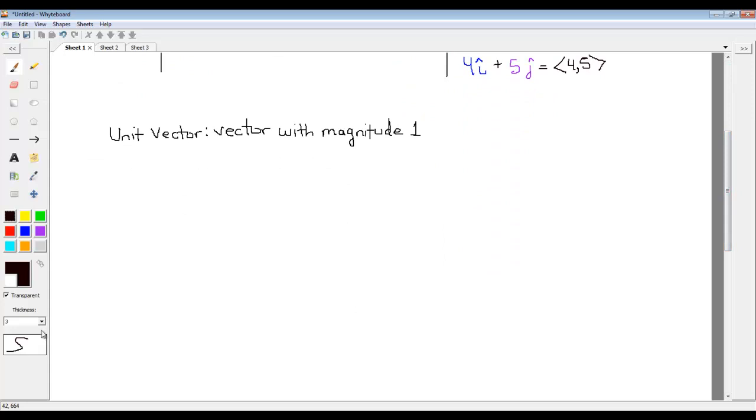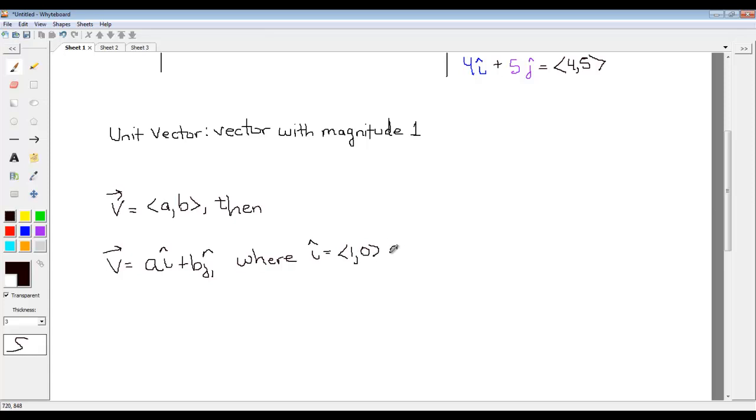So if vector v is a, b, then v equals a i hat plus b j hat, where i hat is that unit vector along the x-axis, and j hat is that unit vector along the y-axis.